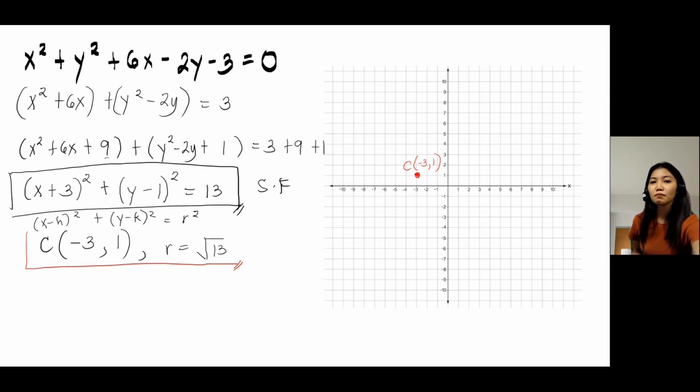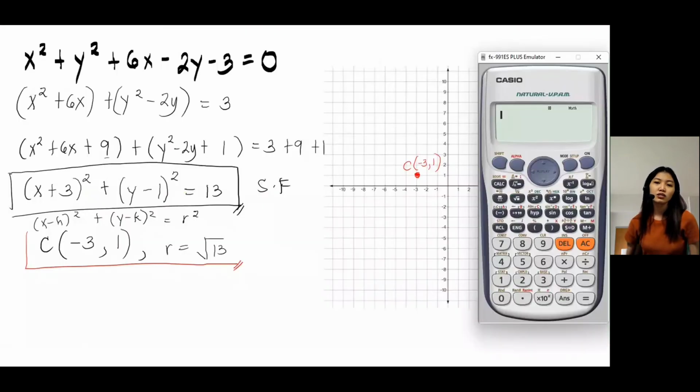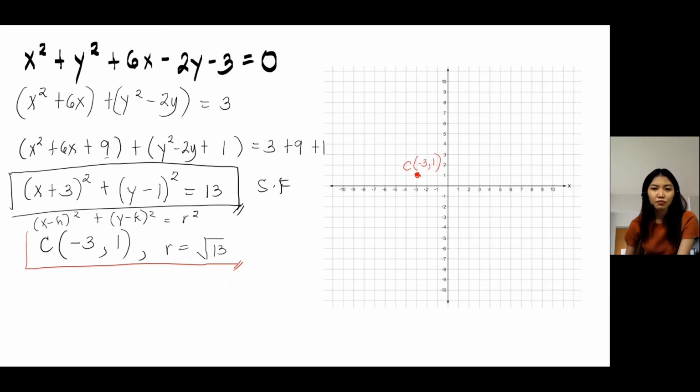So para malaman natin kung ilan bang units ang bibilangin natin, you can use your calculator and convert natin siya into decimal. So square root of 13, that is equal to 3.61. Ibig sabihin, from the center, count 1, 2, 3.61.